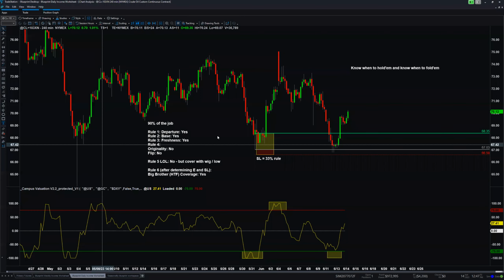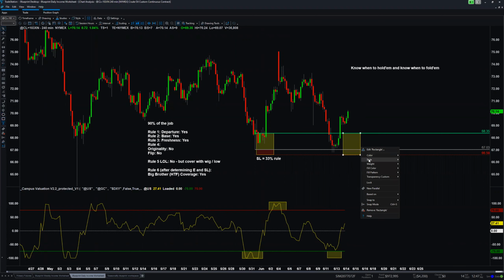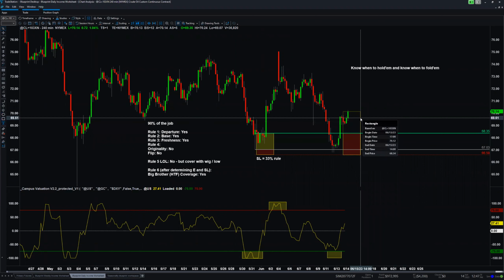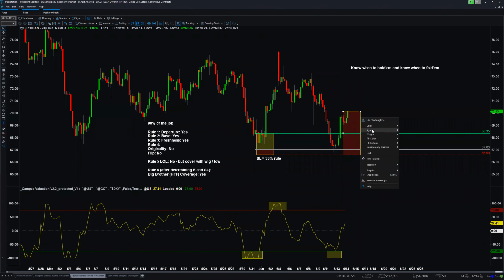If we look at crude oil, now price has rallied, and it looks like if this is our risk, this is our overall risk here, and I'm just gonna make a new parallel here, then it looks like price just about reached a 1-to-1.